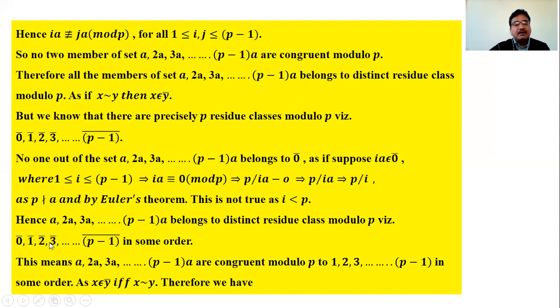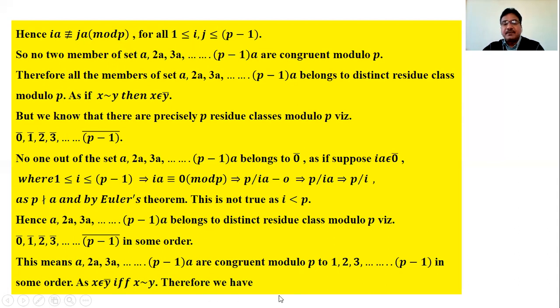Because suppose 2A belongs to 3 bar, then 2A is related to 3. Suppose 3A belongs to 5 bar, then 3A is related to 5. And no two belong to the same residue class, means all these members are congruent to 1, 2, 3, up to P minus 1 in some order.